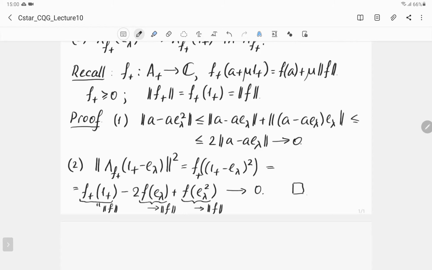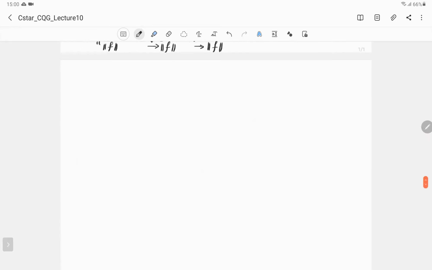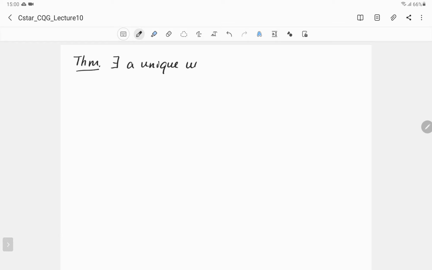Okay, now by using this lemma, we get the following theorem. I claim that there exists a unique unitary isomorphism U between H_F and H_F plus.